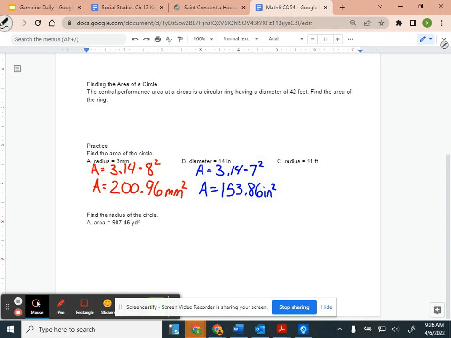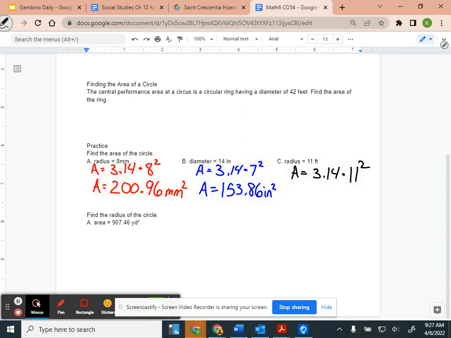C, our radius is 11 feet. What is my equation, Maya? A equals 3.14 times 11 squared. We want the radius, so we don't have to divide it by 2. Radius is the radius. What is 11 squared?